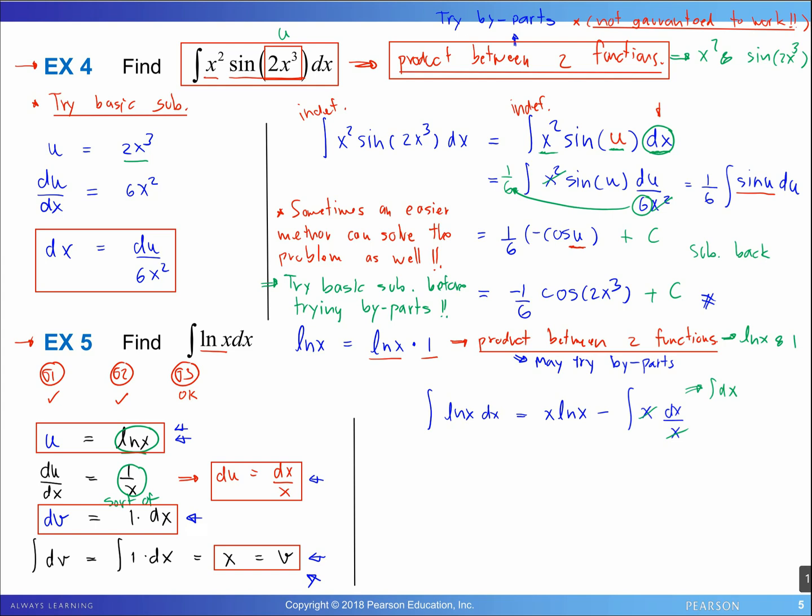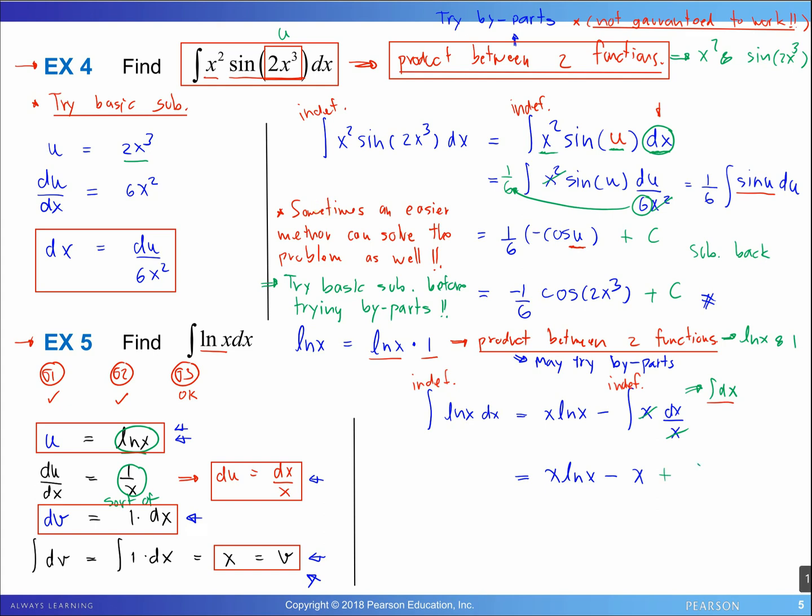And this is going to be equal to the front term, still the same, x ln x, minus, and now we need to find this integral of dx, and that is equal to just x. And once again, we have an indefinite integral right here. This means that we must have a constant c at the end.